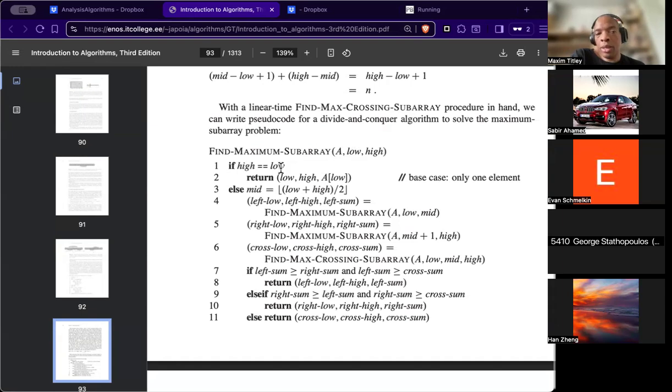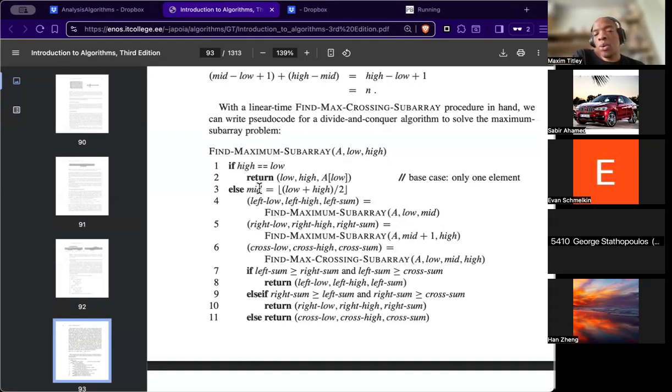All right. So now we're taking in low, high. And then we're looking at the following. We're going to say return that low was where it began, high is the part that ended, and A[low] was the value. There was only one element, so there's nothing to add up there.